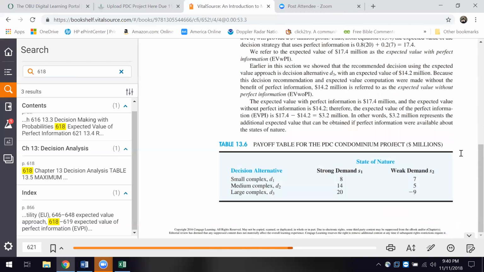And then here's our payoff. Now, you've often seen me do this very same thing when I've drawn a square with four quadrants, and I've put condition 1, condition 2, response 1, and response 2. No different here.